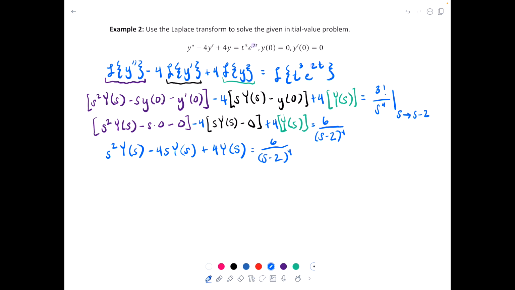And then factoring y at s out, we will have a plus 4, a minus 4s, and an s squared, and that's all equal to 6 over s minus 2 to the fourth.